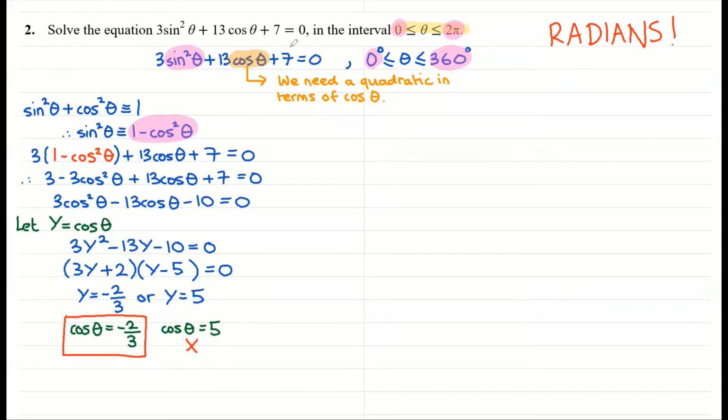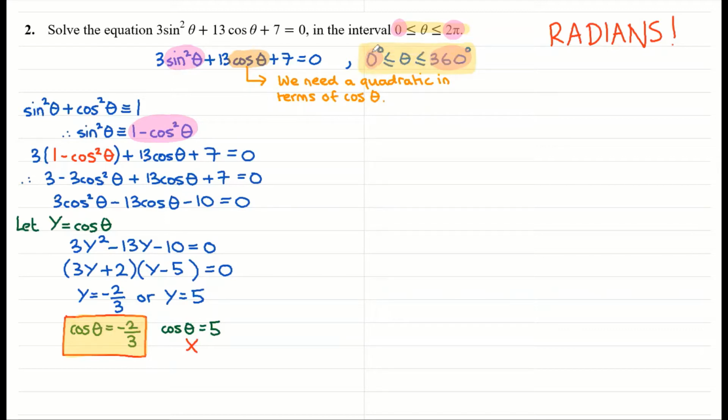We've eliminated all the complexity out of the quadratic now, and we've boiled it down to a single linear trig equation that we need to find the solutions for. Okay, so we've got the equation and we've got the interval up here. So we're going to solve this equation.